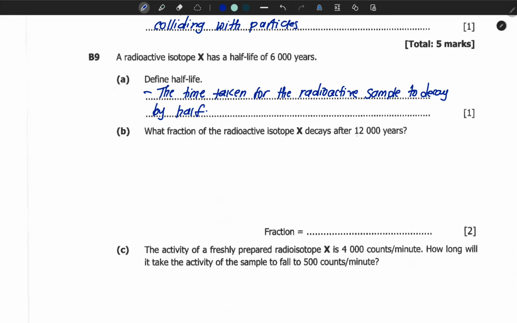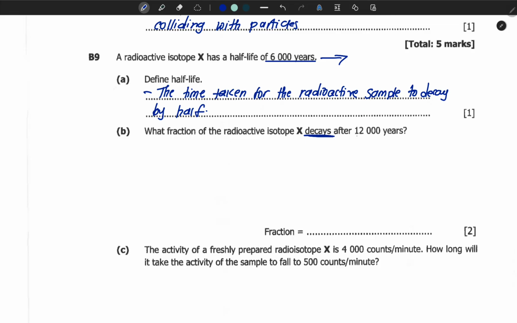Then, what fraction of the radioactive isotope decays after 12,000 years? The key is here, decays. So the half-life is 6,000. After 6,000, another 6,000, the second decay will give us 12,000.